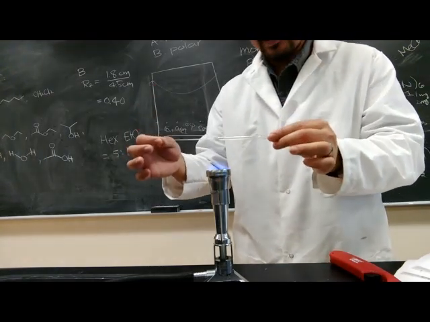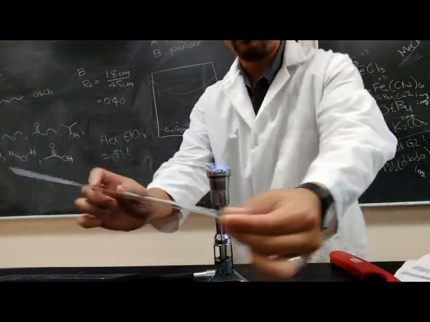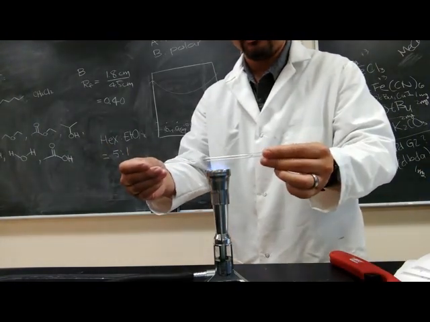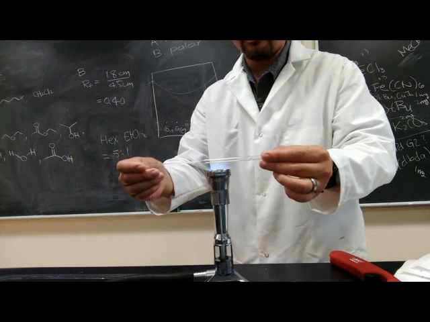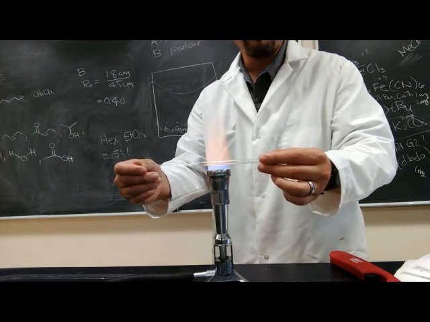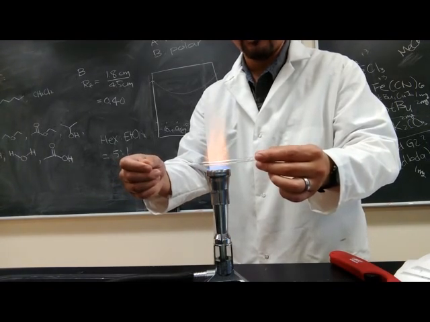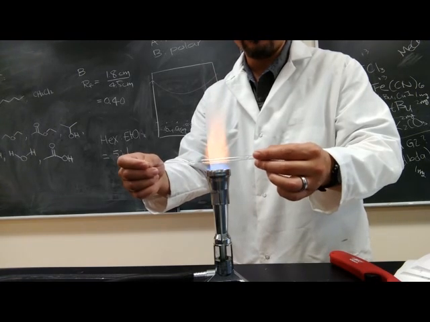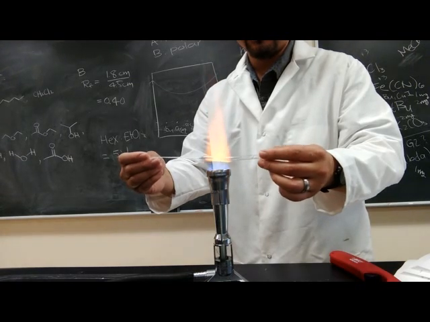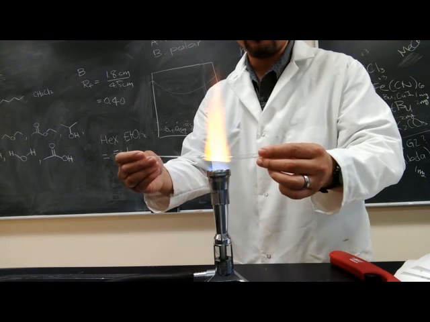So hold your pipette like so, and you will want to heat this part of the Pasteur pipette, like I'm doing now. What you will notice, I don't know if you can see it on the camera, is that after a few seconds you'll begin to see the orange flame, and the pipette itself will begin to glow a little bit.